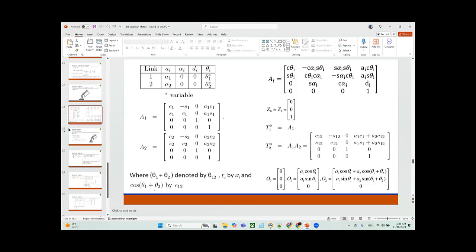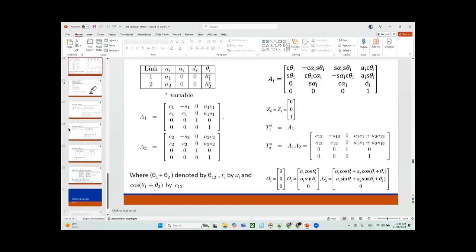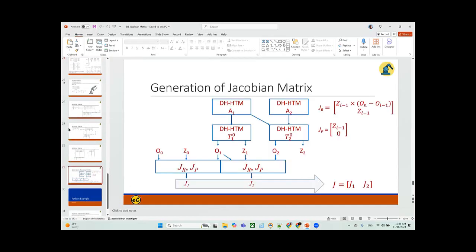There's a standard way you can calculate the Jacobian matrix. So we formulate it in here.